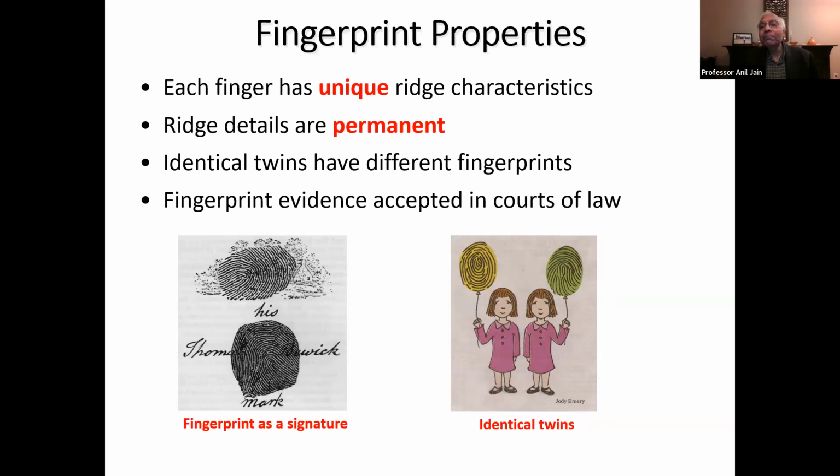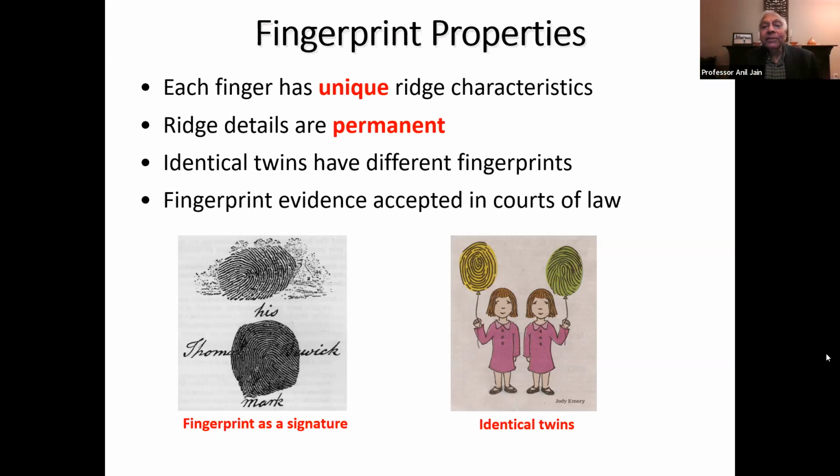These rich details are permanent. That means they do not change their characteristics sufficiently to pose a hurdle in recognition. So if I capture your fingerprint now, 20 years later, I can still recognize you.